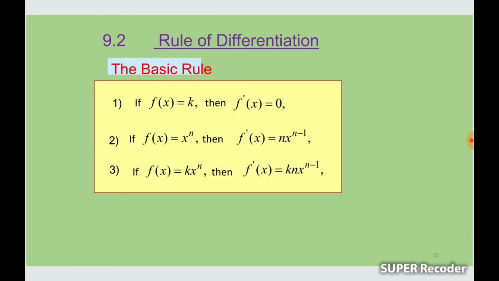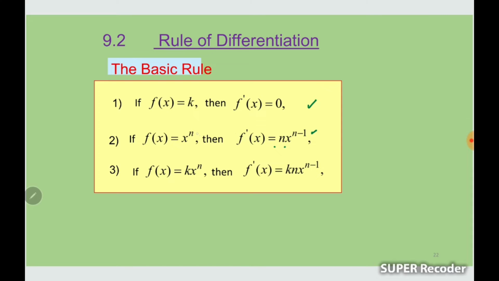(9.2) Rule of differentiation. The basic rule. Number 1, if f(x) equals k, then f prime x equals 0. K is a constant. Number 2, if f(x) equals x to the power of n, then f prime x equals n times x to the power of n minus 1.